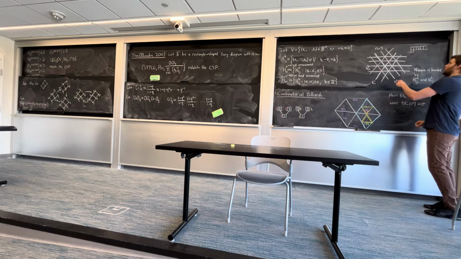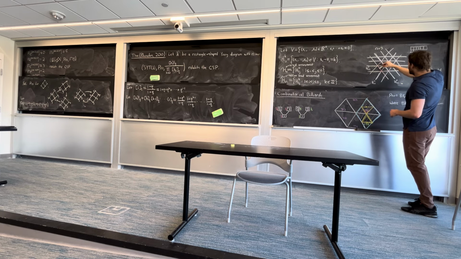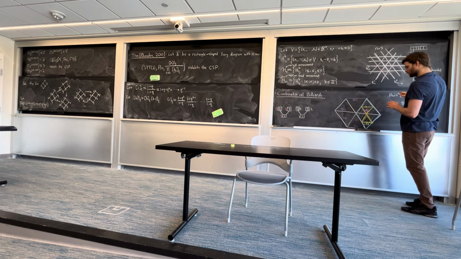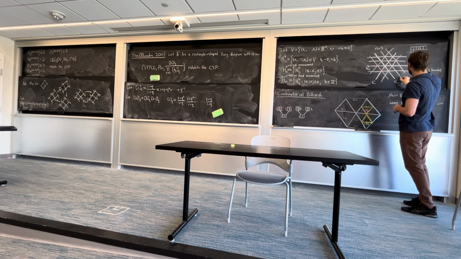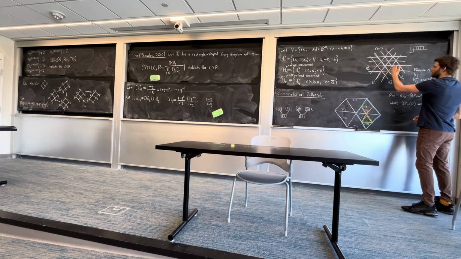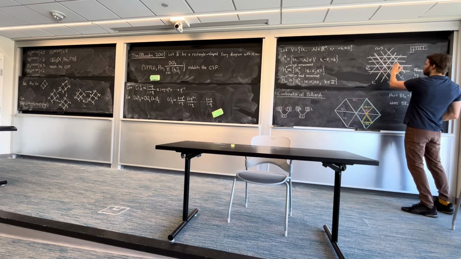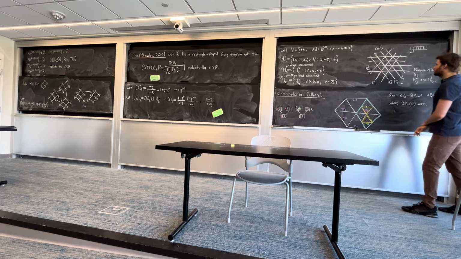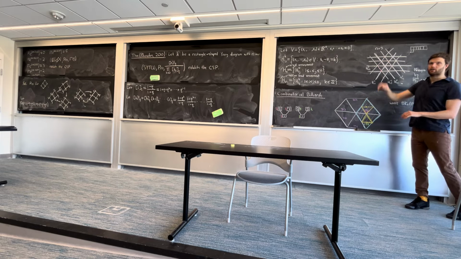So one of these is maybe H_{13,1}, depending on my conventions. This is H_{13,-1}, and then here we'd have H_{12,1} and H_{12,-1}. So you get these 6 hyperplanes which are bounding this hexagon here.